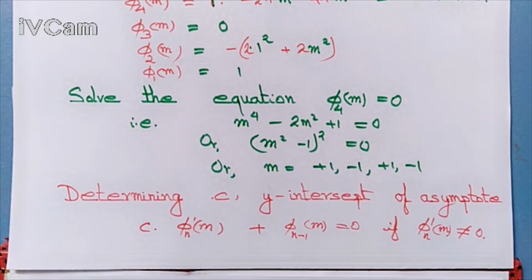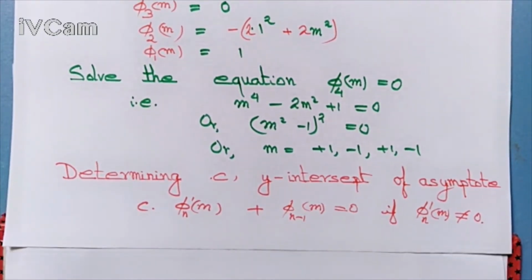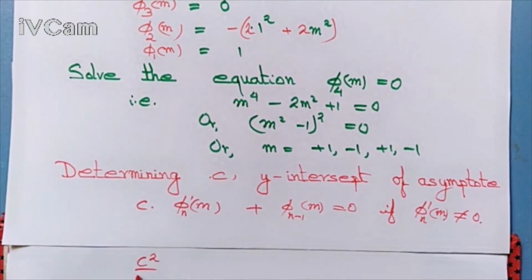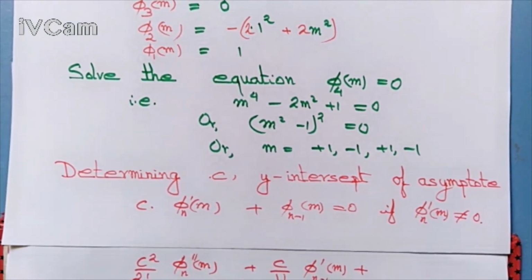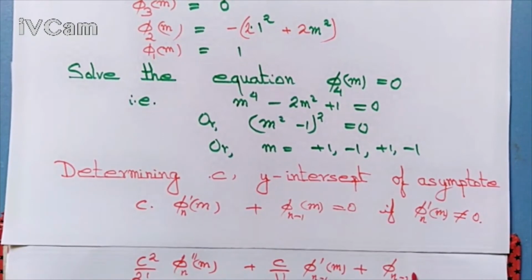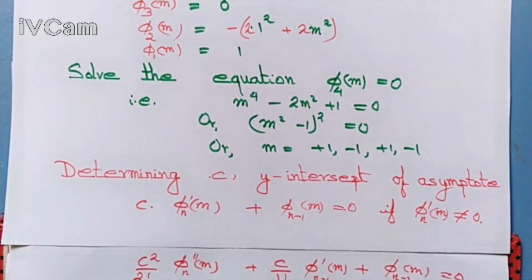But what if phi n prime (m) is equal to 0? Then we have to use the second formula, c squared by factorial 2 phi n double prime (m) plus c by factorial 1 phi n minus 1 prime (m) plus phi n minus 2 (m) equal to 0.